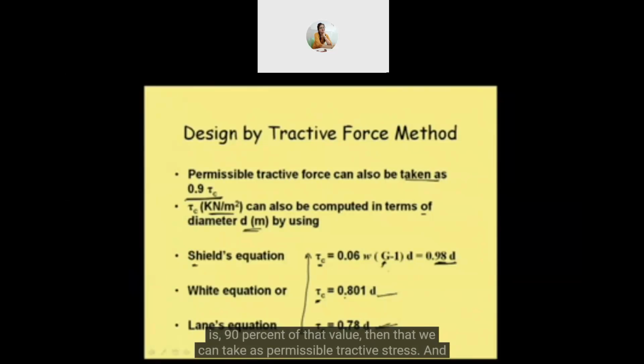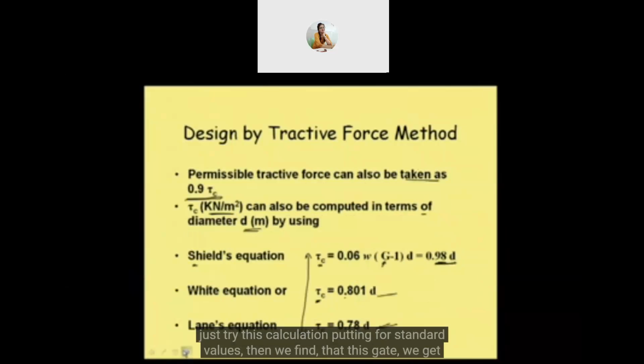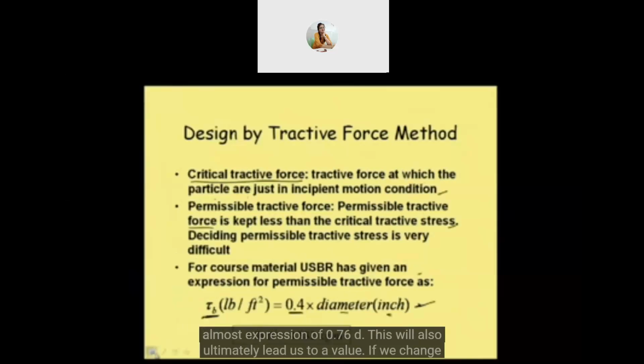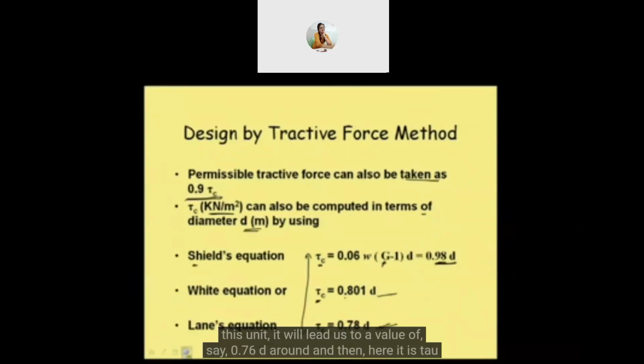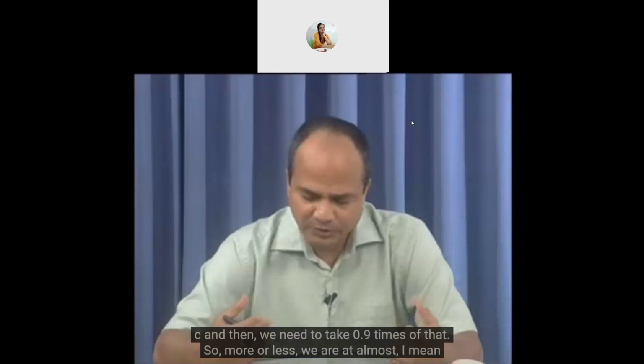If we try this calculation putting in standard values, we get almost an expression of 0.76 d, and then we need to take 0.9 times that. So more or less we are near a similar value.